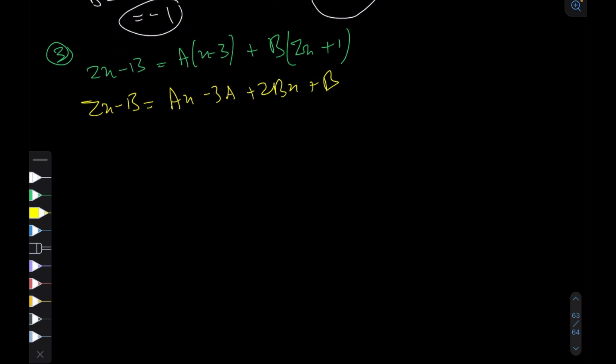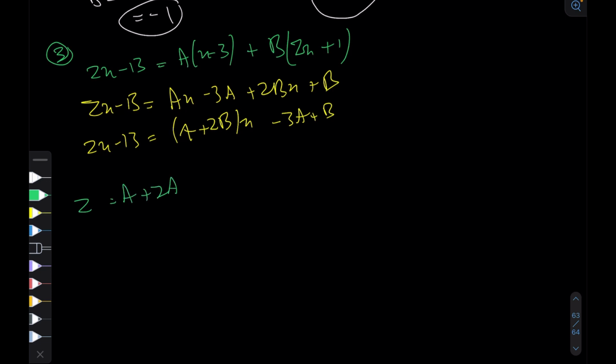Right, and so let's group the like terms, that is 2x minus 13 is equal to a plus 2b multiplied with x, minus 3a plus b, and hence 2 must equal a plus 2b. I'm just comparing these two, and minus 13 must equal minus 3a plus b. So again, we have two equations, we can simultaneously solve them.